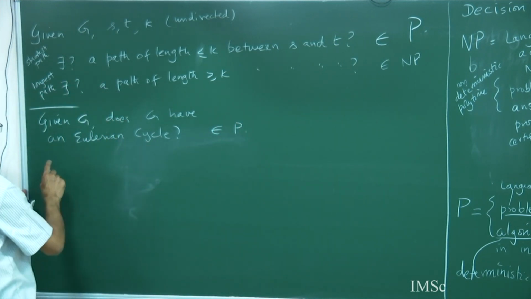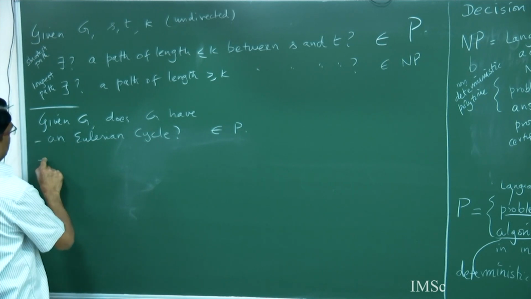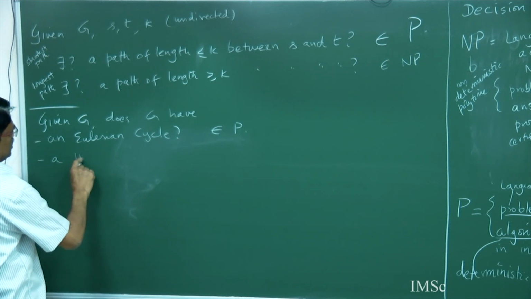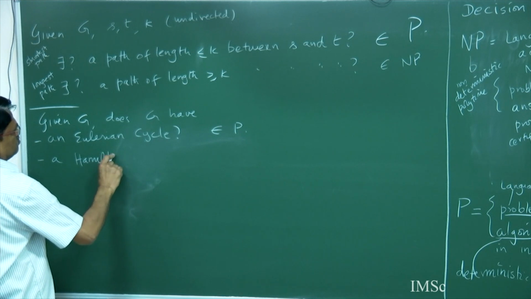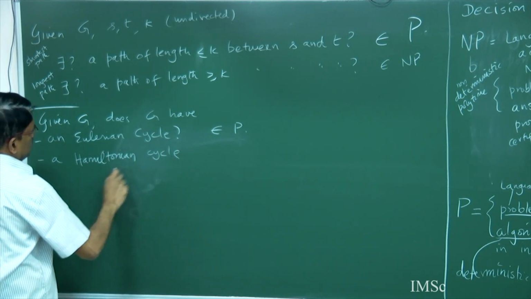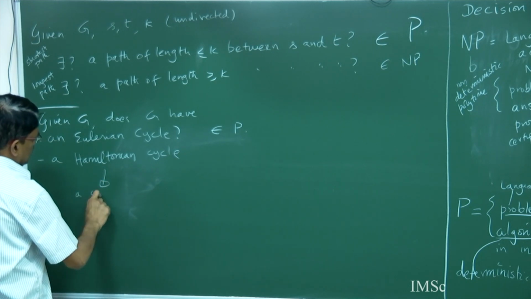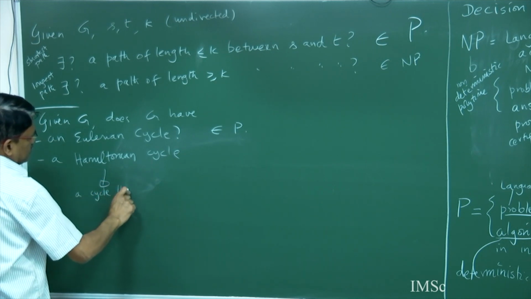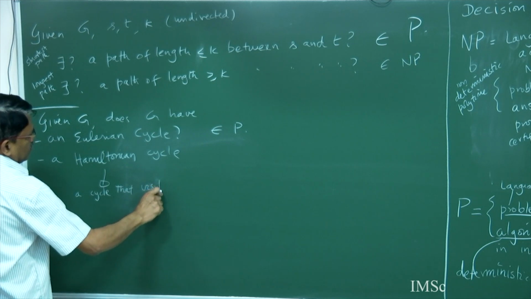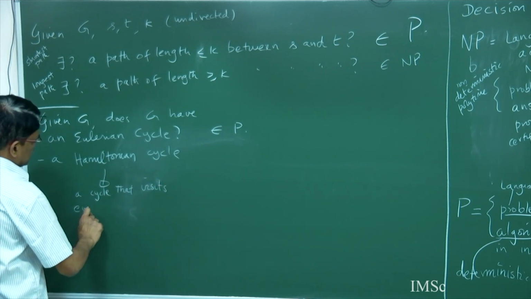But if I ask, does it have a Hamiltonian cycle? And what's a Hamiltonian cycle? A cycle that visits every vertex exactly once.